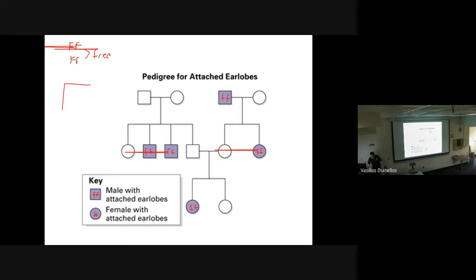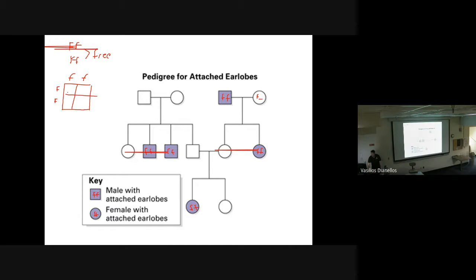Up at the top, I'm going to put little f, little f. Now let's talk about the two possibilities. Let's first try homozygous dominant, right? Because we know that this person over here is big F and then blank, big F something.